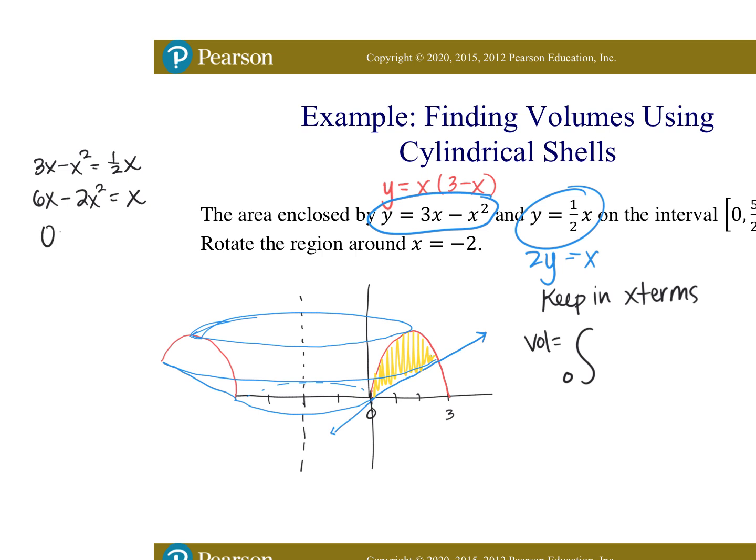So if I set this equal to 0, I will have 2x squared minus 5x. That's an easy factor job. x and 2x minus 5 are the factors. So x is 0 and 5 over 2. So those are my bounds, 0 to 5 over 2.